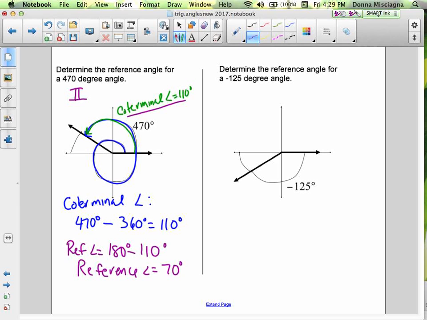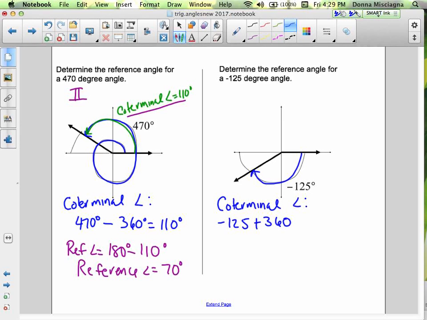Same thing over here. We want the positive angle. So this is the negative angle. Let's find a coterminal angle. To find our coterminal angle, we're going to add 360 this time because we're negative. So our coterminal angle is going to be negative 125 plus 360.